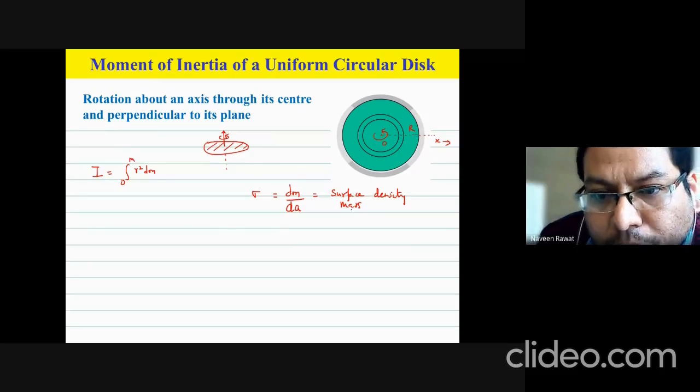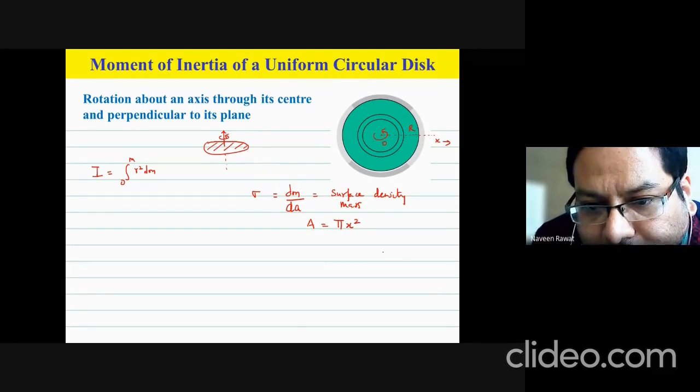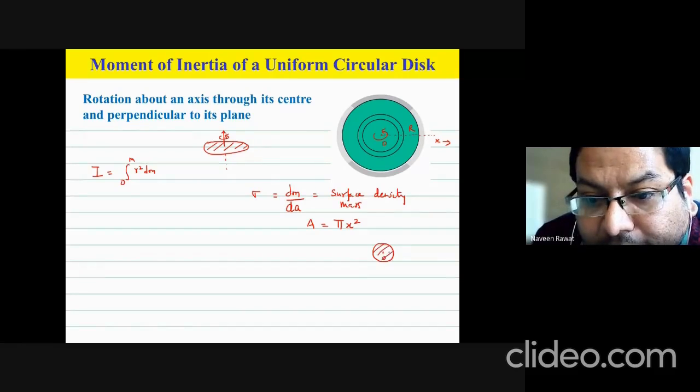My area, for whatever I am considering as my radius of the disk, will be some value of x. Suppose I'm starting again at the origin. If I consider the value of x to be this, let's say this is x1, all the way from here to here, then the area will be pi x1 square. Suppose I had considered a larger value of x.